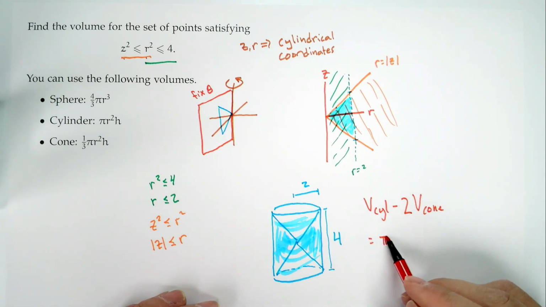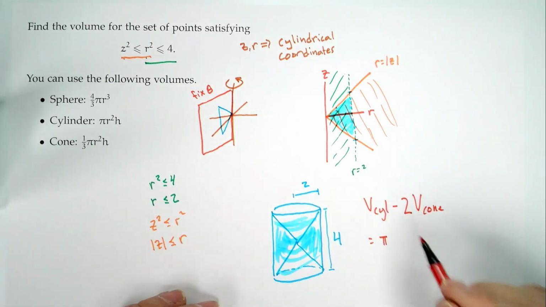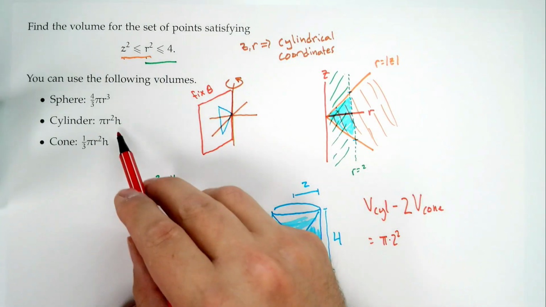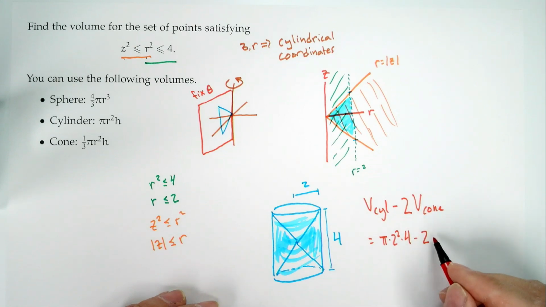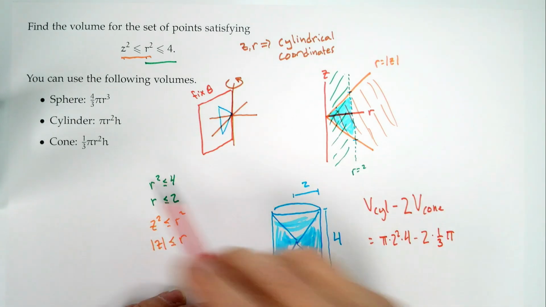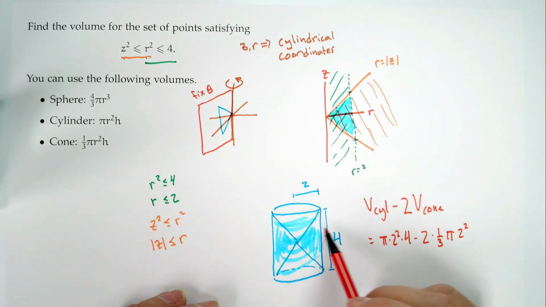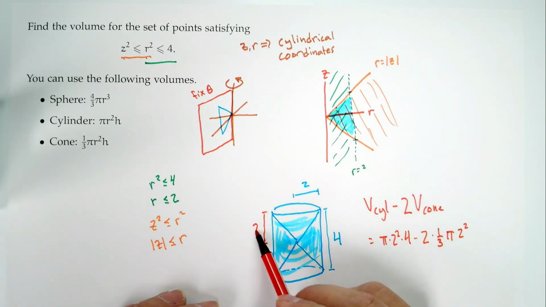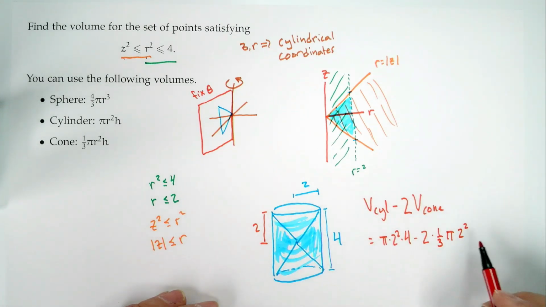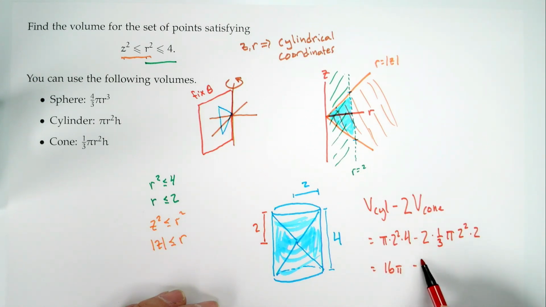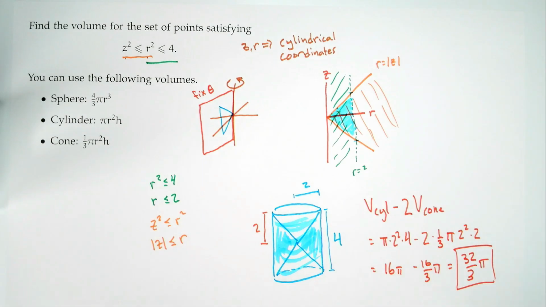So the volume of the cylinder, that's pi r squared, so 2 squared, h, 4, minus 2 times 1/3 pi r squared, which is 2 squared, and h, remember, the cone only goes halfway, so that's 2. So if you write this out, that's 16 pi minus 16/3 pi, a grand total of 32/3 pi. There you go. That's the answer.